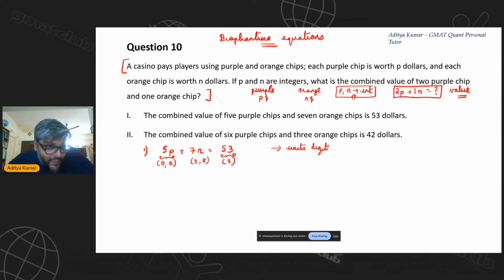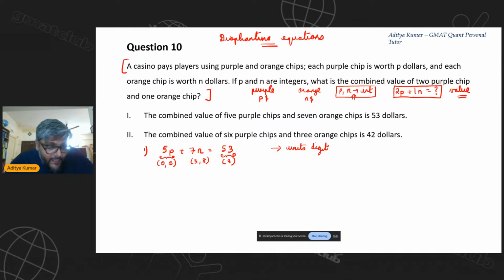Normally when you add two terms, the unit digits add up to give you the overall unit digit, and the one is a carry. So I know that 7n should either end with a 3 or end with an 8.